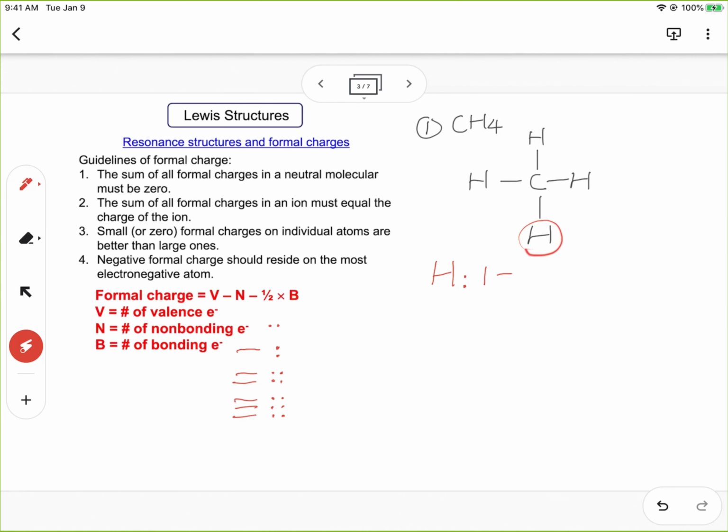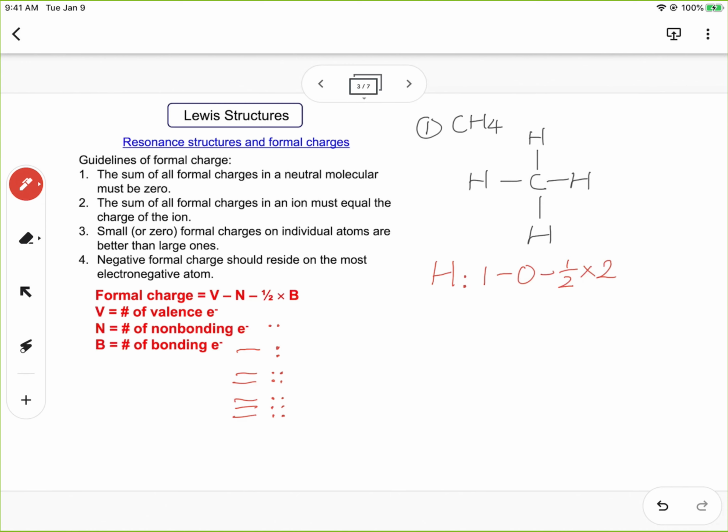You don't have any dots around hydrogen, so the non-bonding electrons are 0, minus half of bonding electrons. Each hydrogen has 1 single bond, therefore 2 bonding electrons.